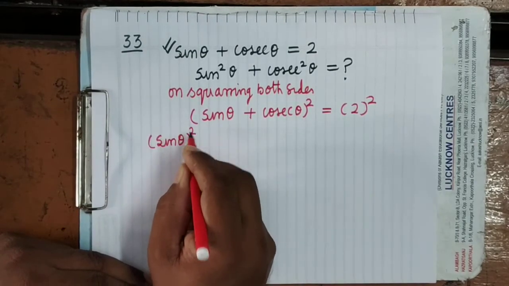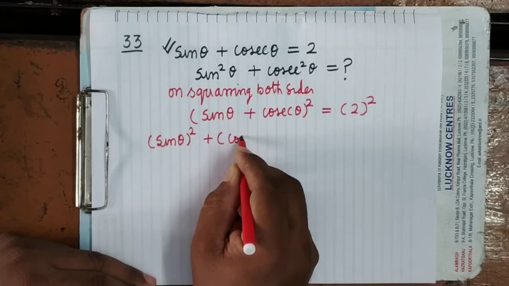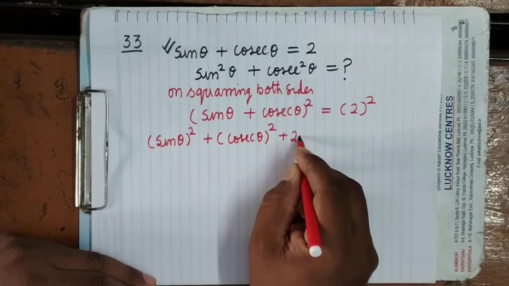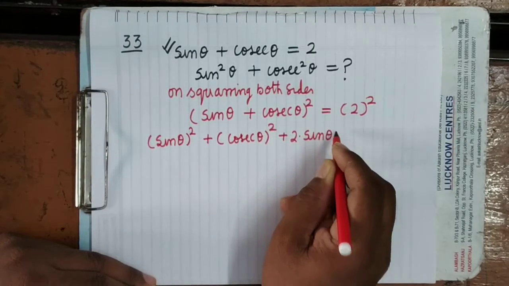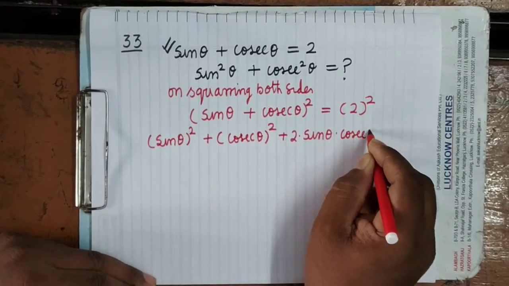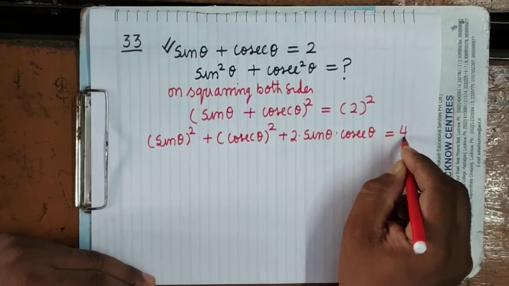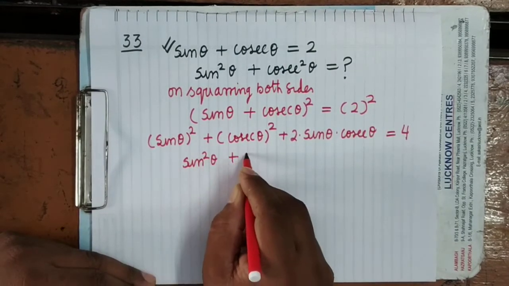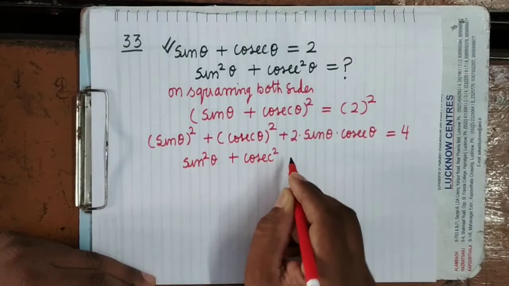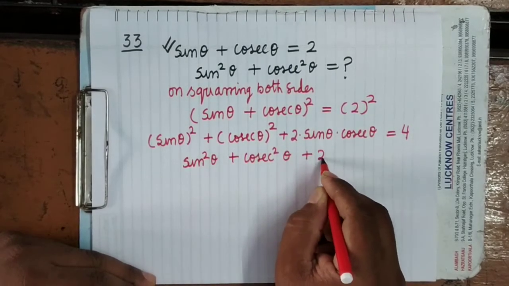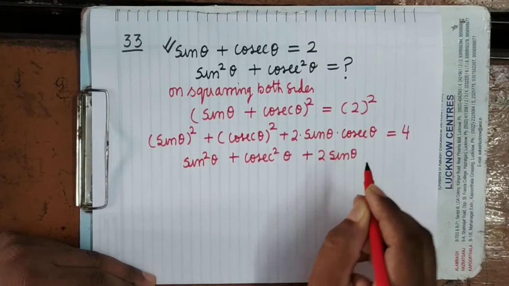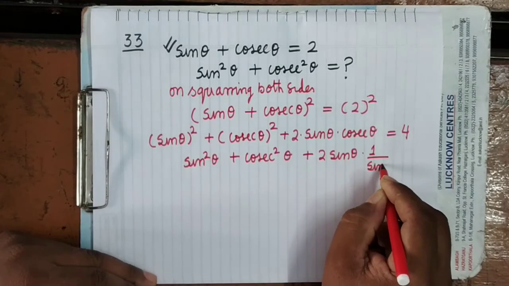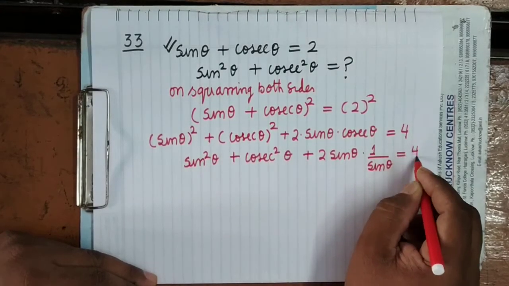Just now I have told: sin theta whole square plus cosec theta whole square plus 2 into sin theta into cosec theta equals to 4. So sin square theta plus cosec square theta plus 2 sin theta, and cosec theta, I have told that you can write 1 upon sin theta, equals to 4.